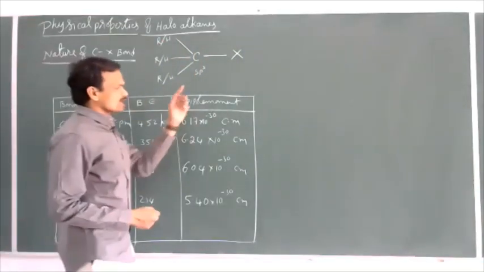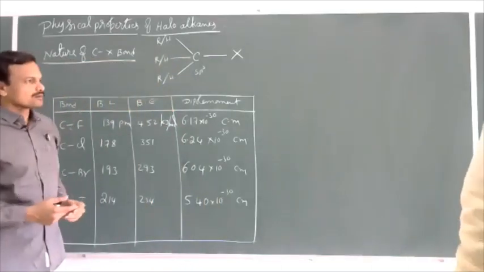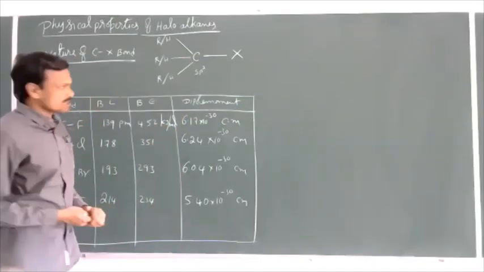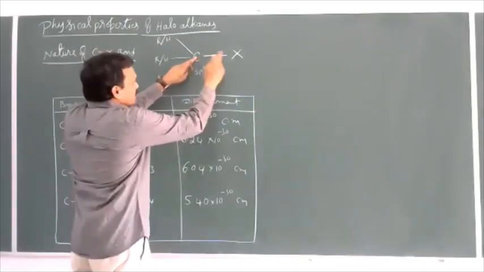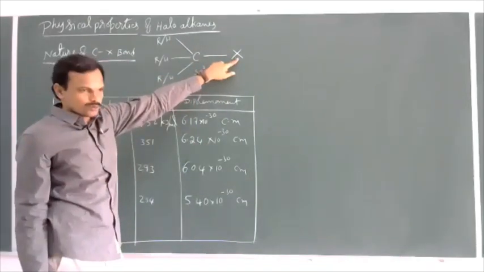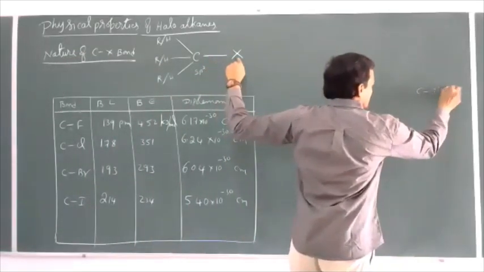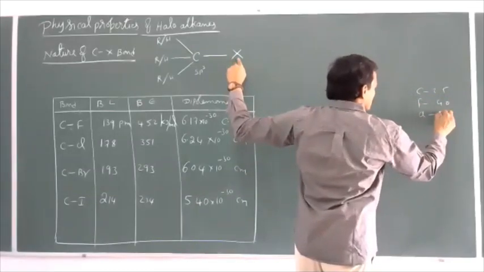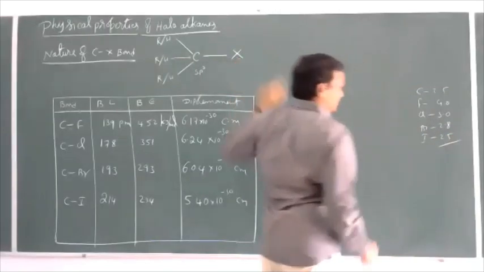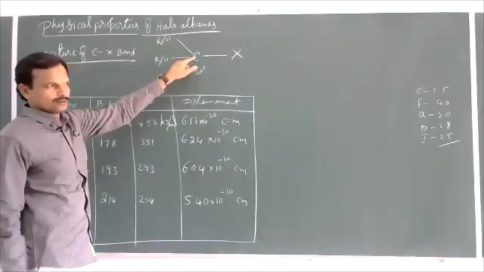The electronegativity of fluorine is 4.0, chlorine is 3.0, bromine is 2.8, whereas iodine is 2.5. That means among carbon and halogen, the halogen atom is more electronegative. So halogens are more electronegative than carbon.